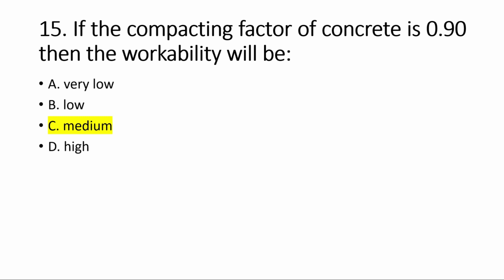And if we have a very low degree of workability, then the compacting factor is 0.75 to 0.8. So for medium degree of workability, option C is correct. That is, the compacting factor will be between 0.85 and 0.92 in that case. So here option C is correct for a compacting factor of 0.90. Move on to the next question.